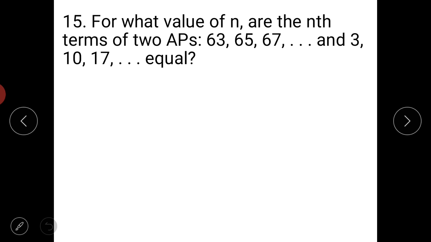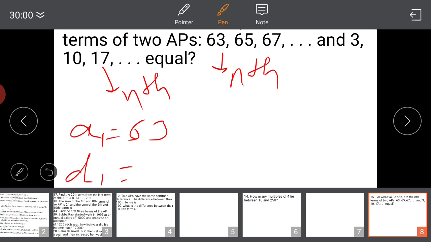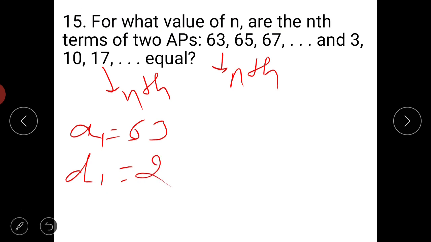It means find the nth term of this and the nth term of that, and both are equal. For the first AP, a is equal to 63 and d is equal to 2, and for the second, a is equal to 3 and d is equal to 7.